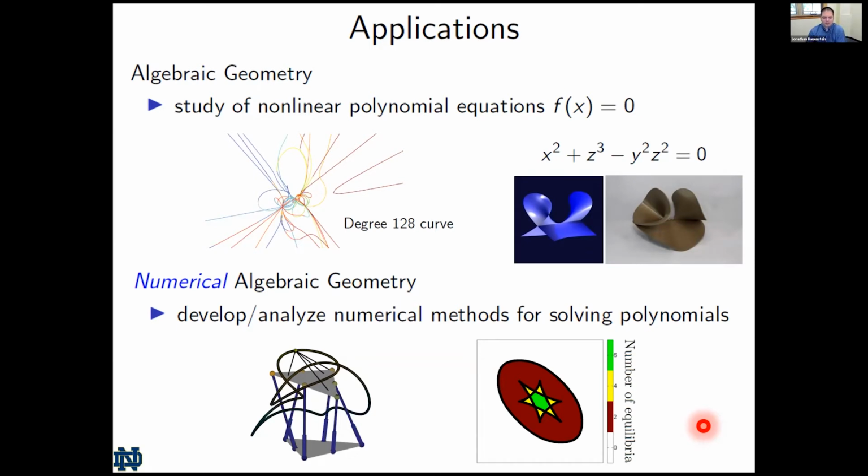What my research is focused on is the numerical side. So we want to develop and analyze numerical methods to actually compute those solutions, to find the solutions, to study the solutions, to describe their behavior.